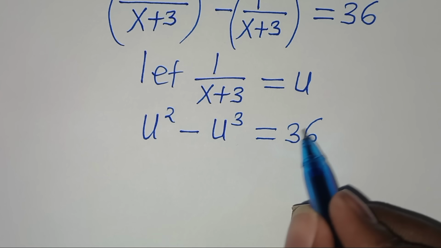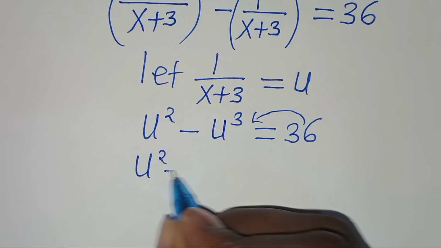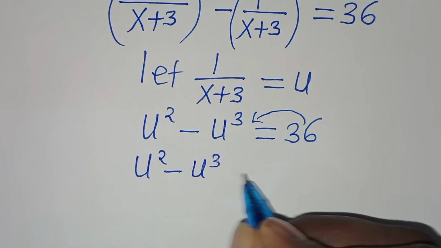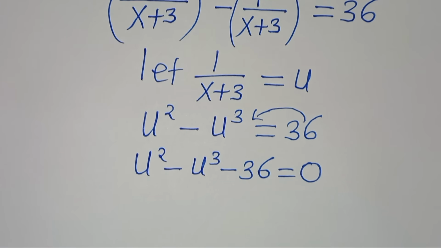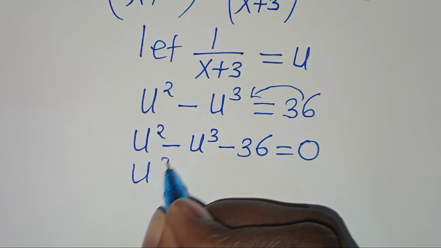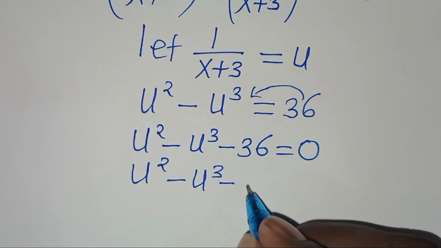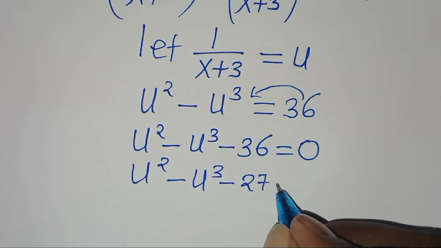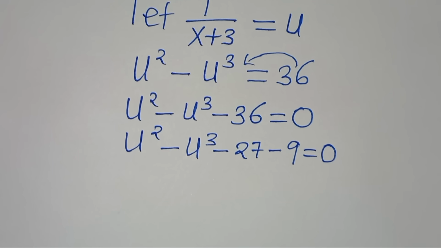Now, let's take that 36 to the left hand side so that we have u to the power of 2, subtract u to the power of 3, subtract 36, equal to 0. So this is u to the power of 2 minus u to the power of 3, subtract 27, minus 9, equal to 0.